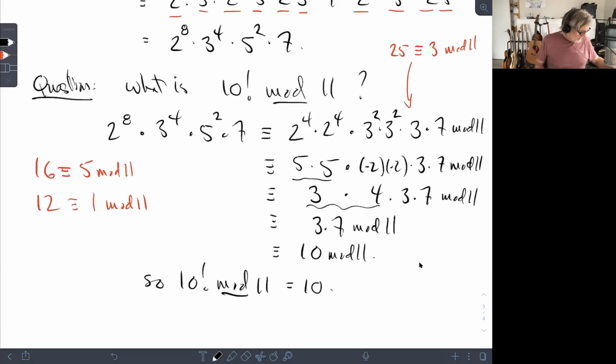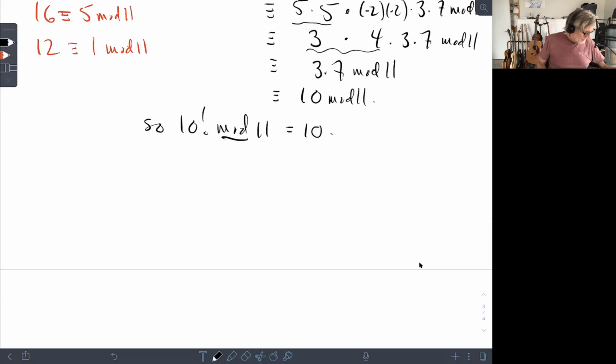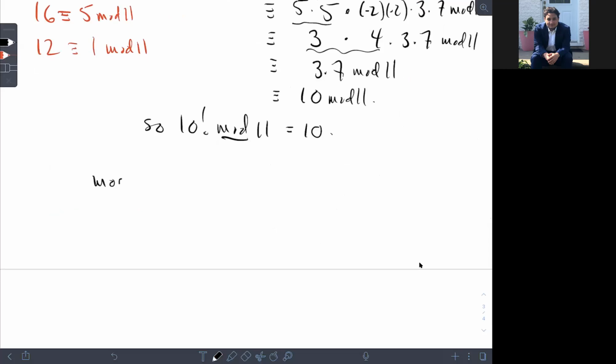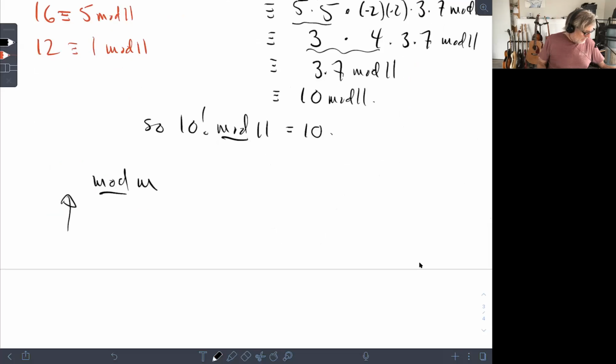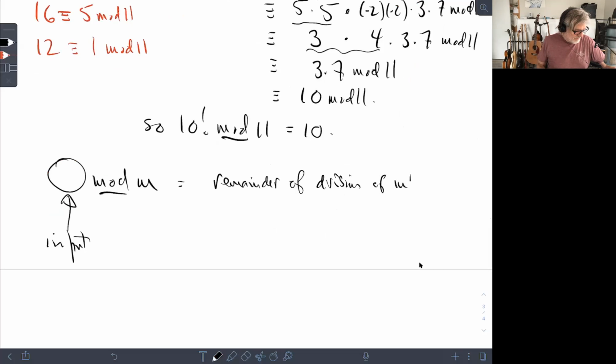Yeah. Okay. So one is a function. If I write mod m and I put something here, that's my input. And this whole thing is the remainder of division of input by m, when you're doing the division algorithm.